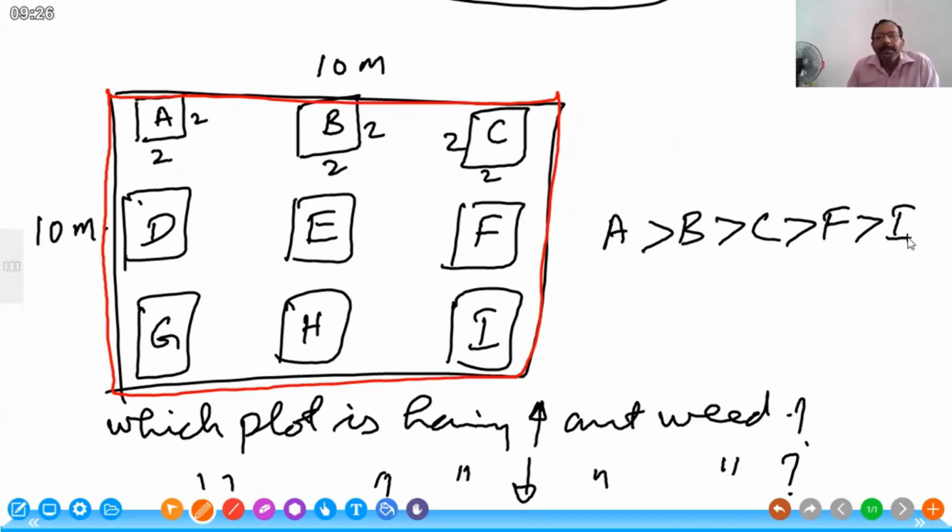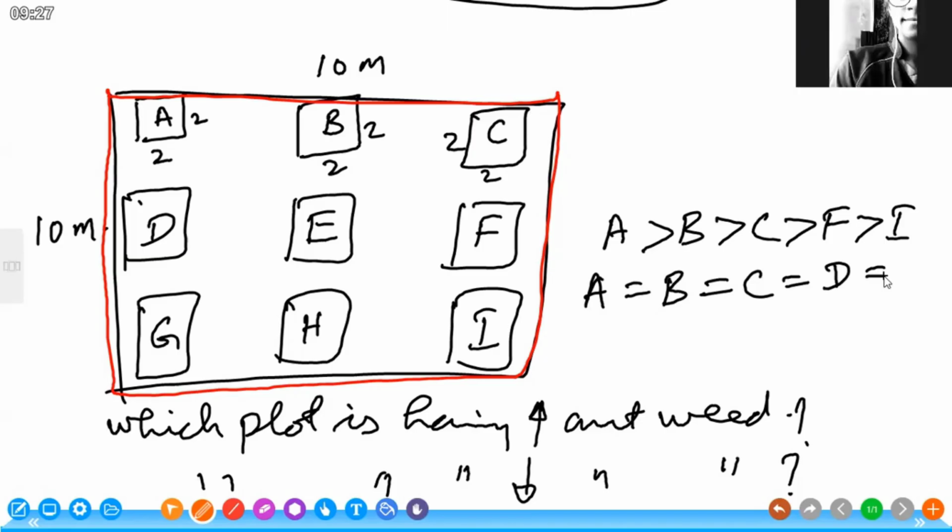Yes or no? Can't, sir. We can't say. Why? Many factors affect the weeds. This is the problem. But can we say the number of weeds in field A is equal to the number of weeds in field B, and field C, and so on? Can we say that?